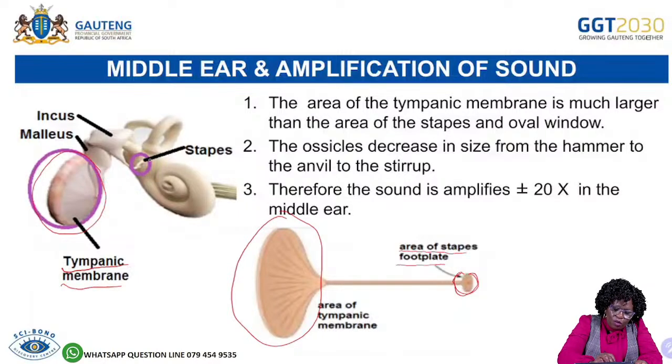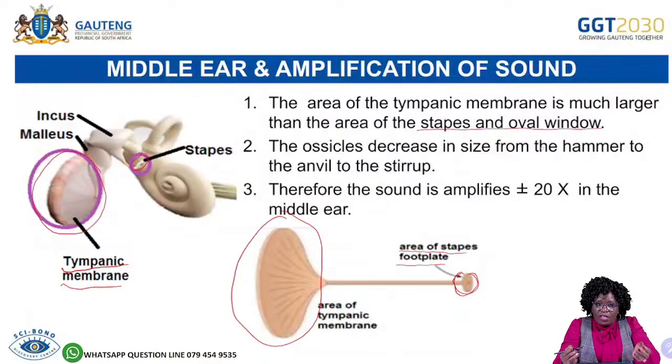If you check, look, this is the stapes. Very, very small compared to the incus and the malleus. So the area of the tympanic membrane is much larger than the area of the stapes and oval window. Interesting, isn't it? The ossicles decrease in size from the hammer to the anvil to the stirrup. So you can even correct as you speak about this. Let's say there's a question that is asking you for this information.